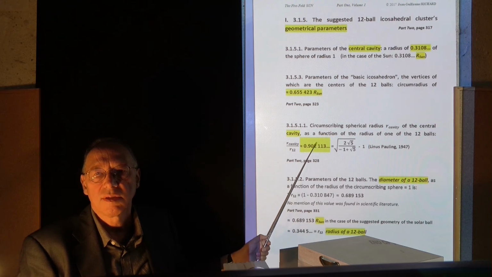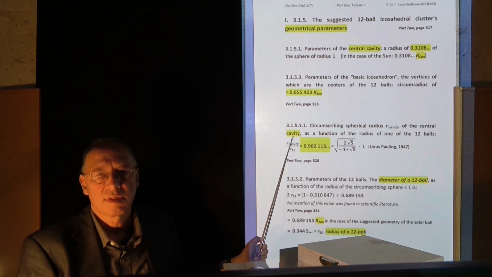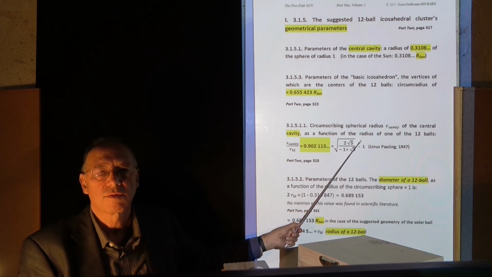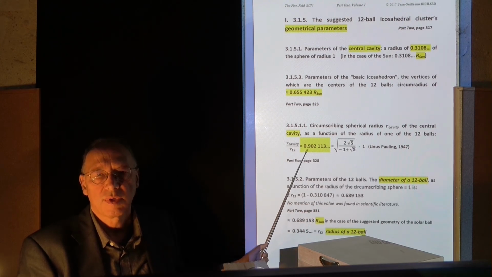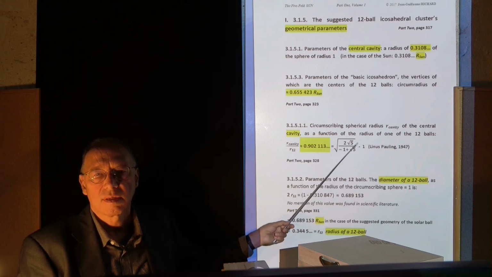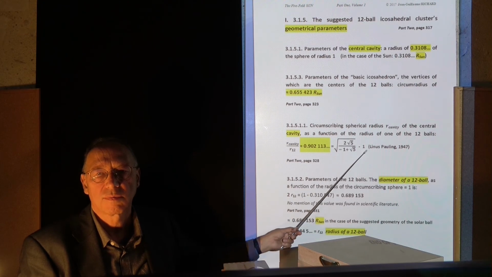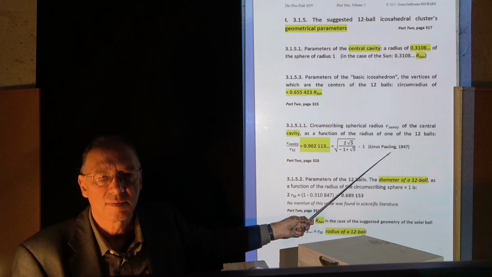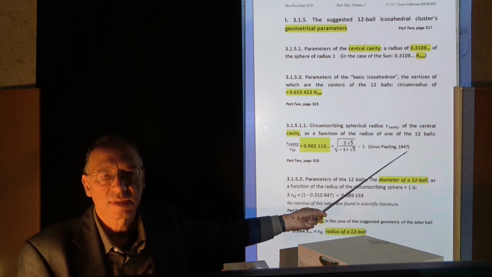The radius of the central cavity, defined as a function of the radius of one of the 12 outer balls, is 0.902, etc. This is defined by this formula, which was published by Linus Pauling, the Nobel Prize laureate in chemistry, in 1947.